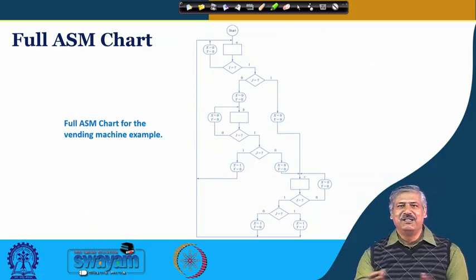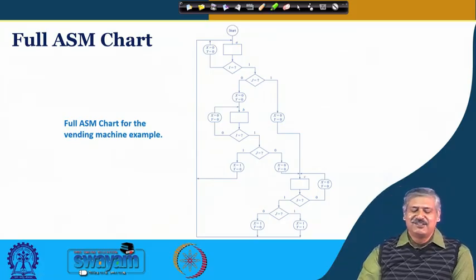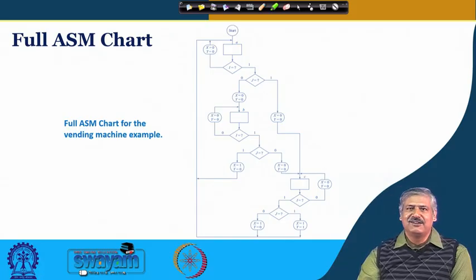Now, if you bring all those components together, this is the full ASM chart of that machine that we have just discussed. Is it fine? So, compared to the state transition diagram, it is less compact, you can say. That was more compact, but you can see this is more readable.